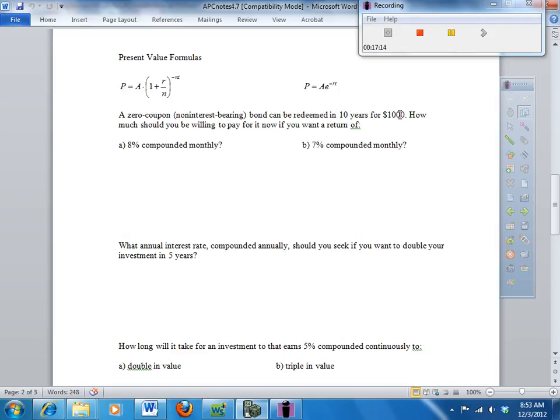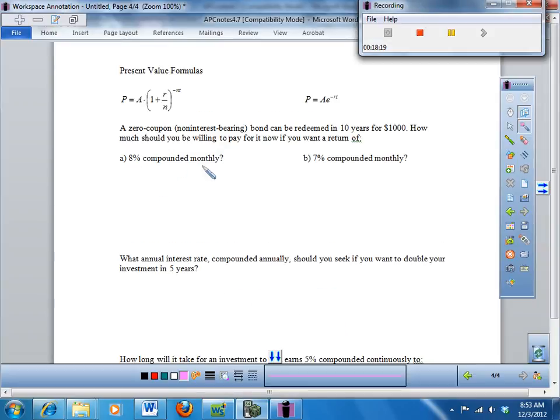Can be redeemed in 10 years for $1,000. How much should you be willing to pay for it now if you want a return of 8% annually? So again, all you do is plug in the numbers. P equals A, which is 1,000, times 1 plus 0.08 over 12, because it's compounded monthly, raised to the negative 12 times 10.